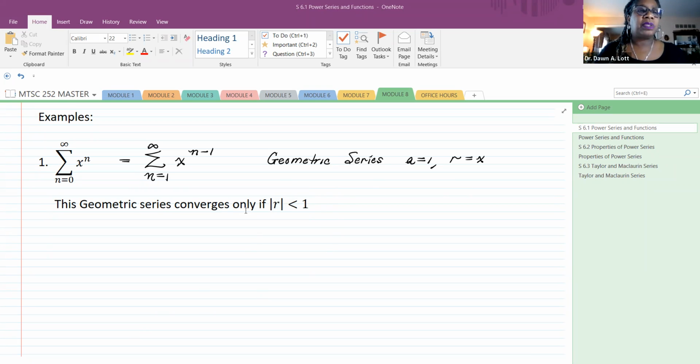The geometric series converges only if the absolute value of R is less than 1. Okay.